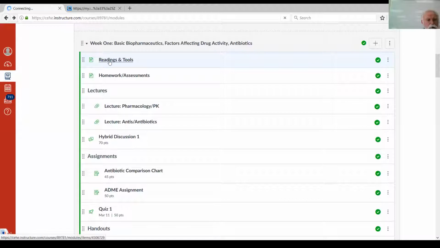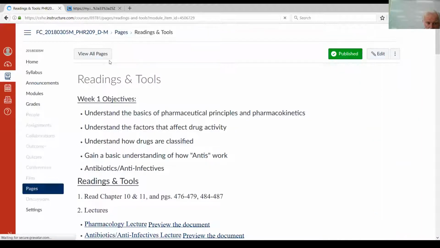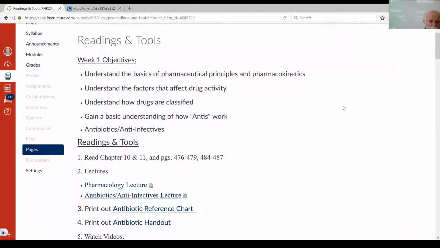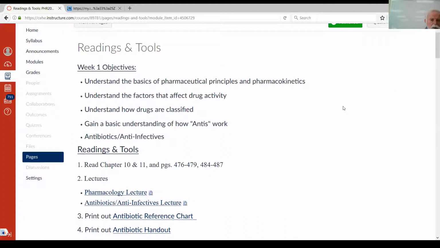In the first week, we'll be talking about pharmacokinetic and pharmacodynamic principles. I've got some handouts on that. Looking at things that can affect drug activity. We'll talk about classifications of drugs and work with the drugs we have nicknamed the antis, basically the anti-infectives.